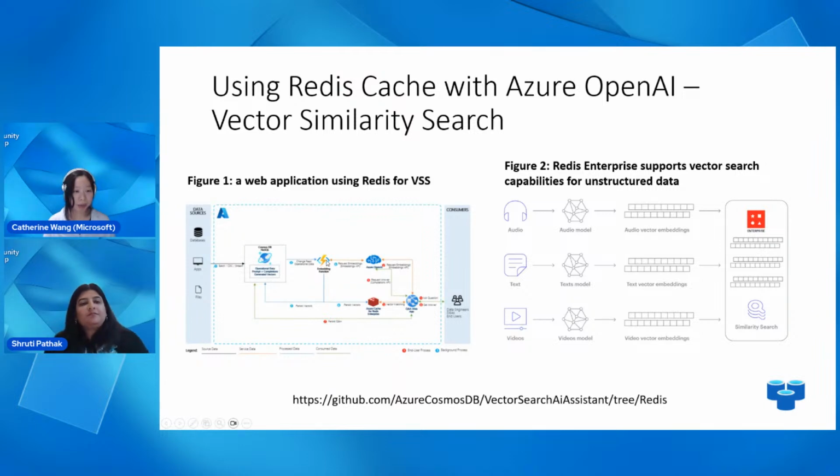It will trigger the function to call OpenAI and translate all of these into vector embeddings, and these will be stored in Redis Cache. And then in turn, the web app will call the vector similarity search APIs to look into Redis Cache and get the result in summary. So here's the link to the app.